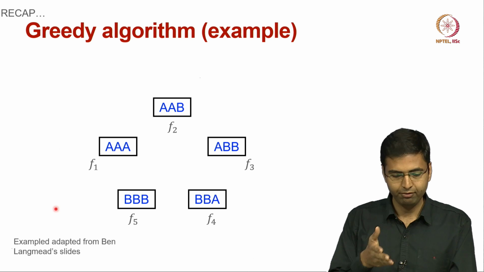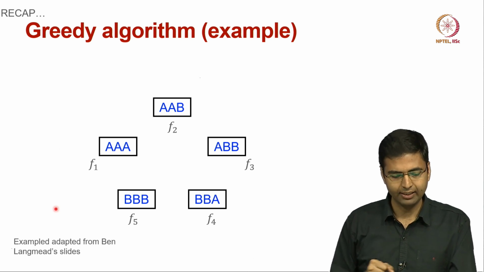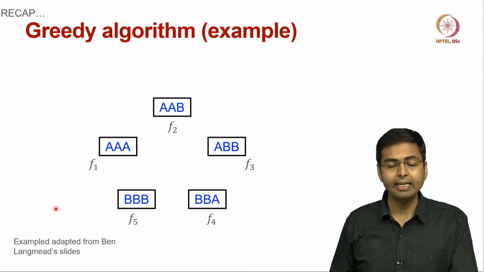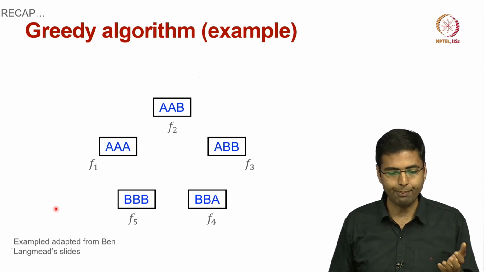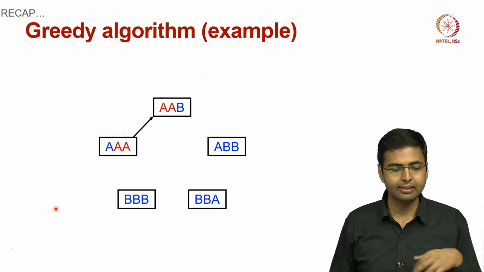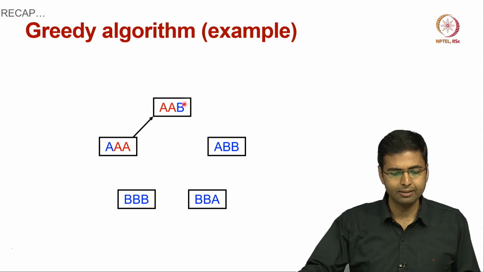Here you have 5 input strings, and as I said, the greedy algorithm works by looking for the maximum suffix prefix overlap length. In this case it finds a suffix prefix overlap length of 2, and therefore it connects these 2 vertices.